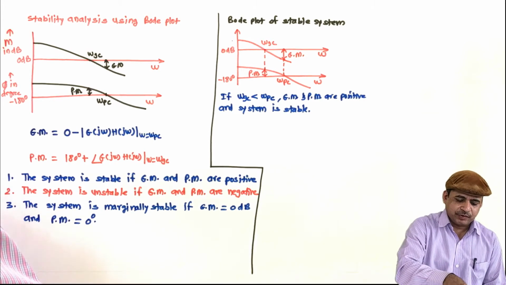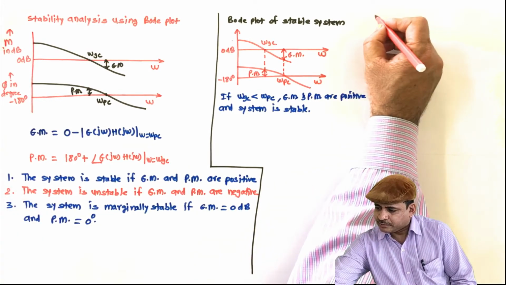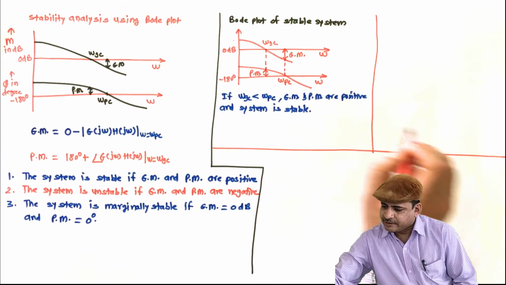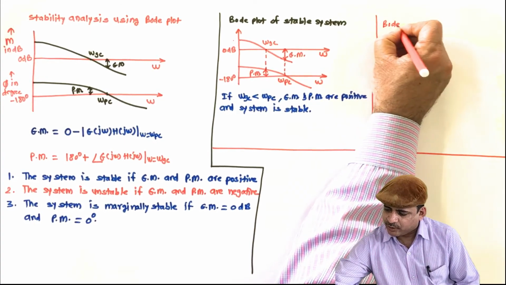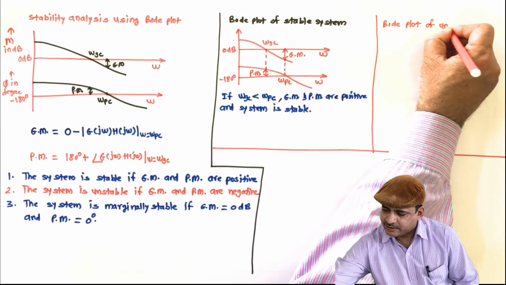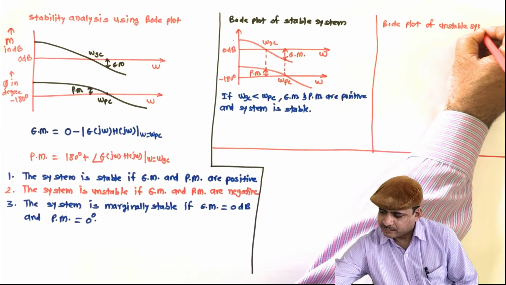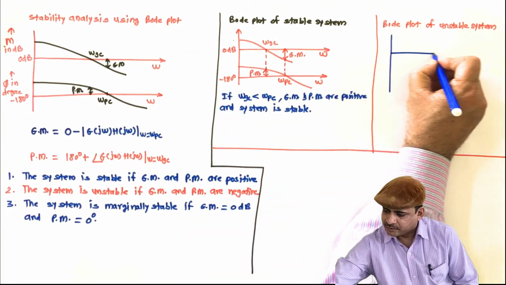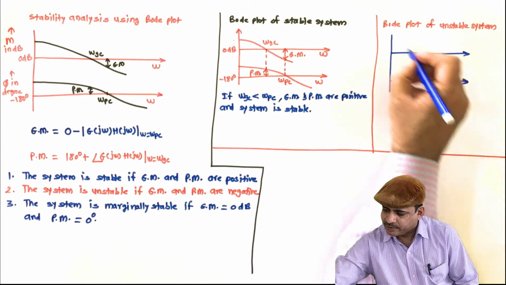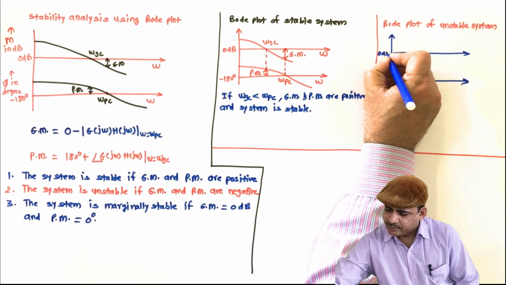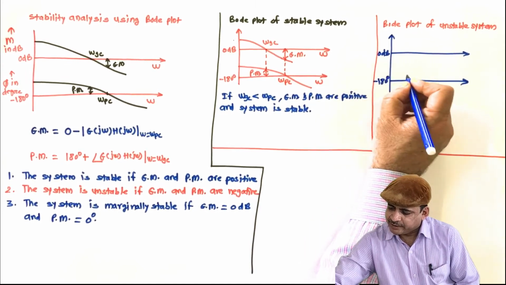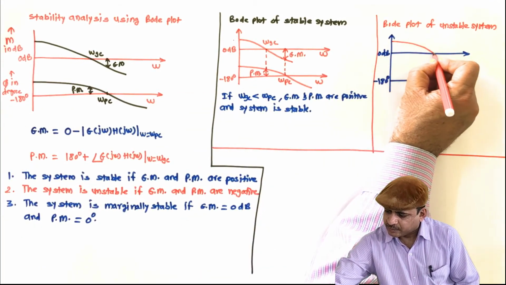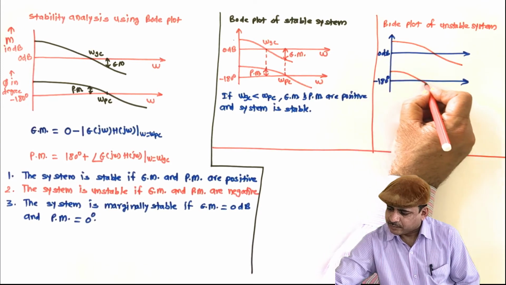Now what happens if omega GC is greater than omega PC? So that is nothing but Bode plot of unstable system. So in this case it will be, let this be gain plot, let this be phase plot, 0 dB, minus 180 degree, and let the plots be so.